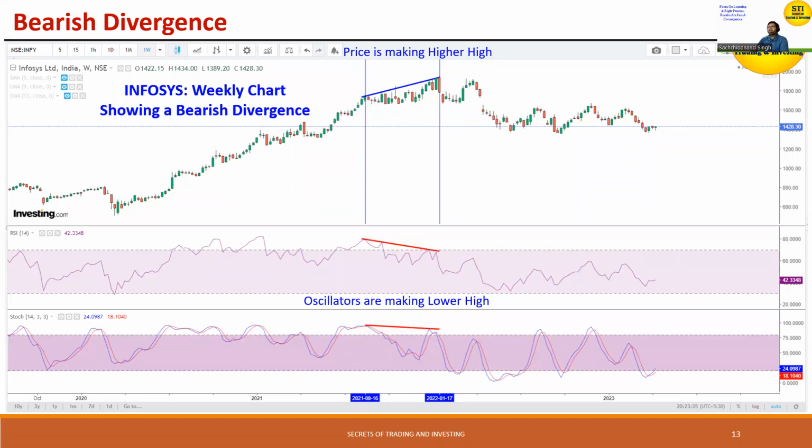So this was the concept of bearish divergence. Why bearish? After this divergence, the market is going to become a bear. Bear means it is going to do the correction mode, or bearish mode, or it is going in a downward direction. So is there any question on bearish divergence?